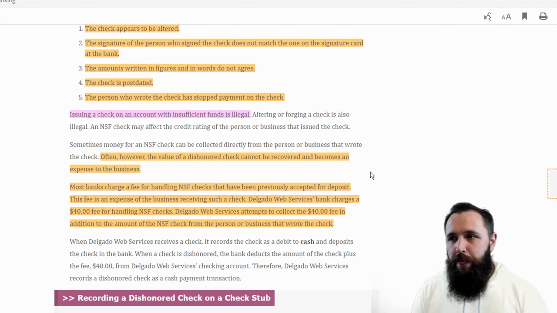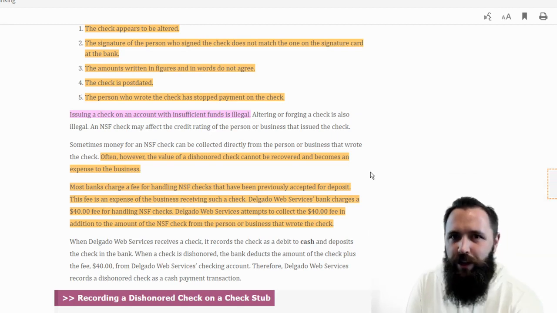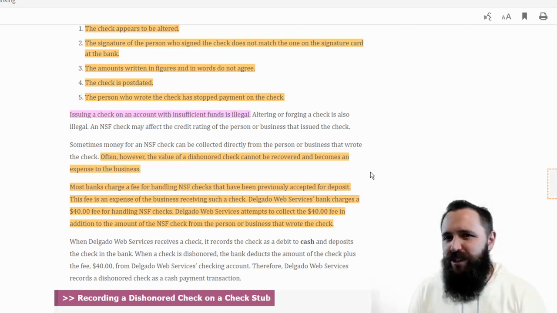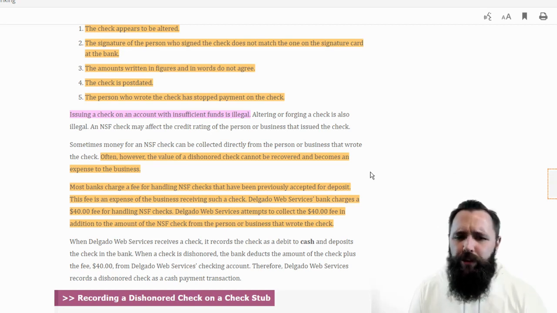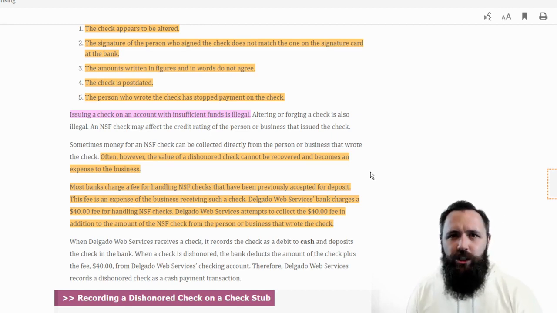A lot of times, if somebody has a dishonored check, it might become an expense for that actual company. It really stinks because it doesn't always fall on the people that wrote the check. I mean, it kind of does, but a lot of times they get away with it because they stop returning phone calls and you have to try to collect the money that they still owe you. A lot of times it's just a pain. But for Delgado Web Services, we're going to try to charge them.